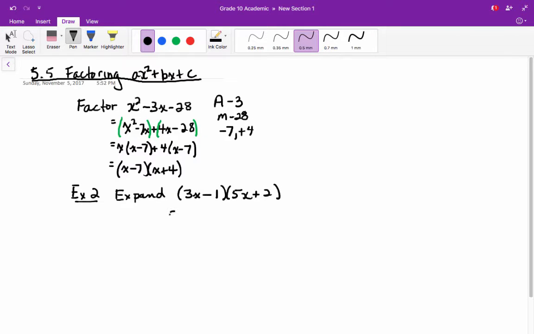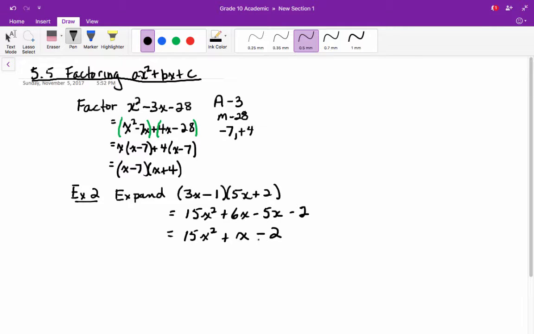When we expand this out, 3x times 5x is 15x squared. 3x times plus 2 is plus 6x. Negative 1 times 5x is minus 5x. And negative 1 times positive 2 is negative 2. And simplifying the middle terms, 6x minus 5x is going to be plus x, 1x minus 2.